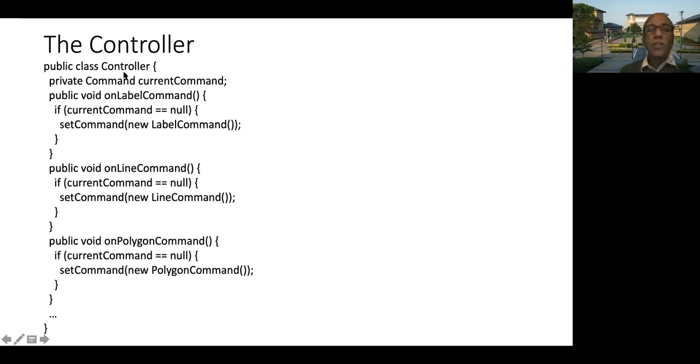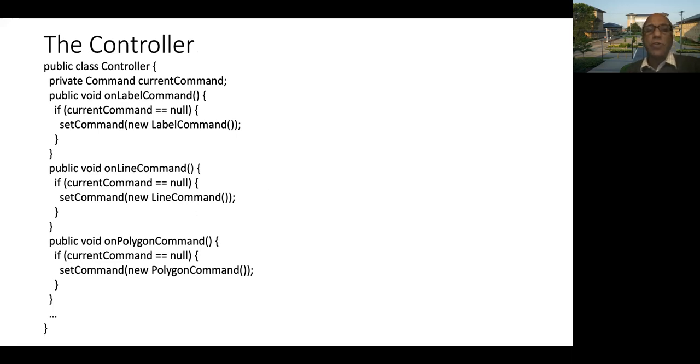The controller class will have commands to respond to creation of labels, lines, polygons. We saw this method already. The other methods are very similar. If there is nothing going on, if there is no shape being drawn, you start this new shape.